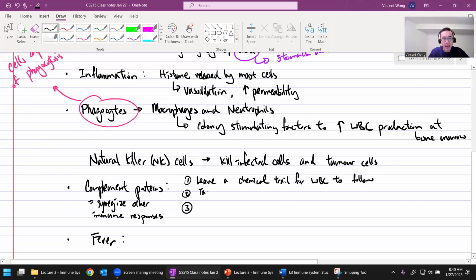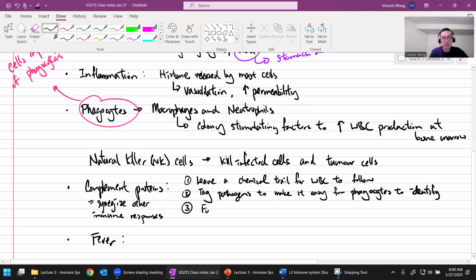It could tag pathogens to make it easier for phagocytes to identify, like finding Waldo, the example I gave you.